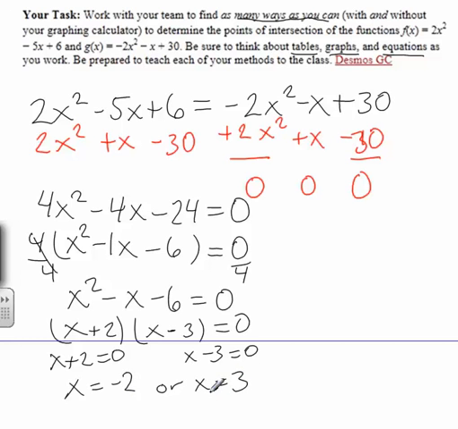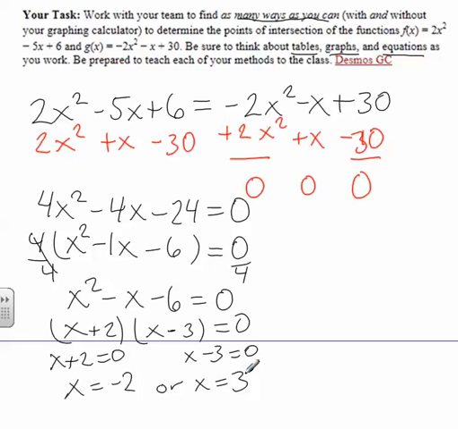Now when we're finding a complete solution, that solution is made of two coordinates, an x and a y. So we need to go back and find the x and the y for each of these. So what we do is take the first x and substitute it back in and solve for y, and take the second x and substitute it back in and solve for y.